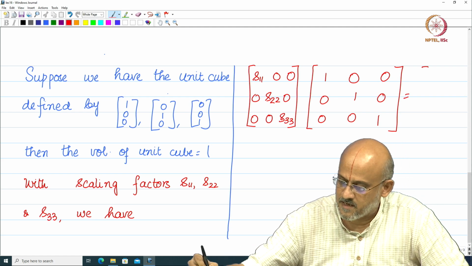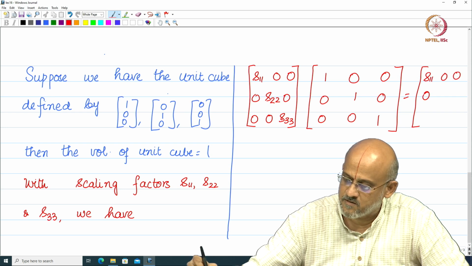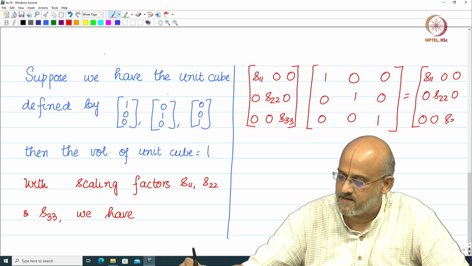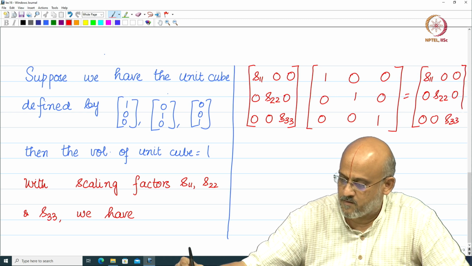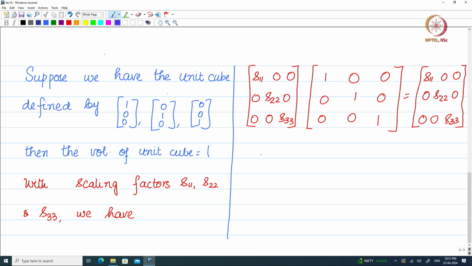We basically get S11 0 0, 0 S22 0, 0 0 S33. So what is the volume of this resulting cube? The new volume is basically the product of the scaling factors: S11 into S22 into S33, right.